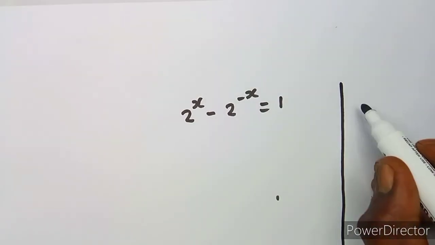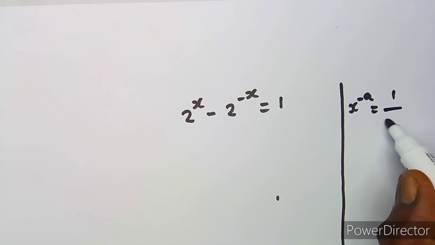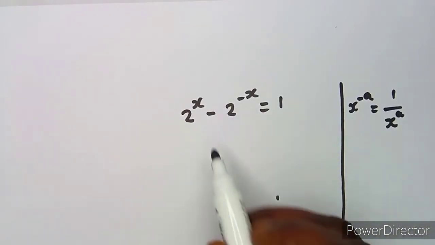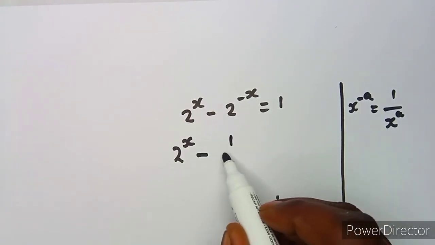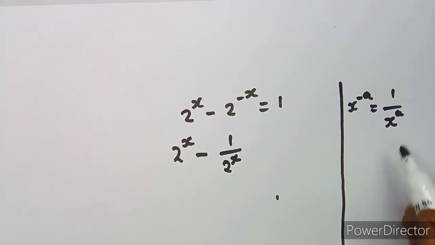If you have x to the exponent of negative a, this is 1 over x to the exponent of a. So for us to remove the negative here, this is the same as 2 to the exponent of x minus 1 over 2 to the exponent of x. We have removed our negative using our laws of exponents, which is equivalent to 1.